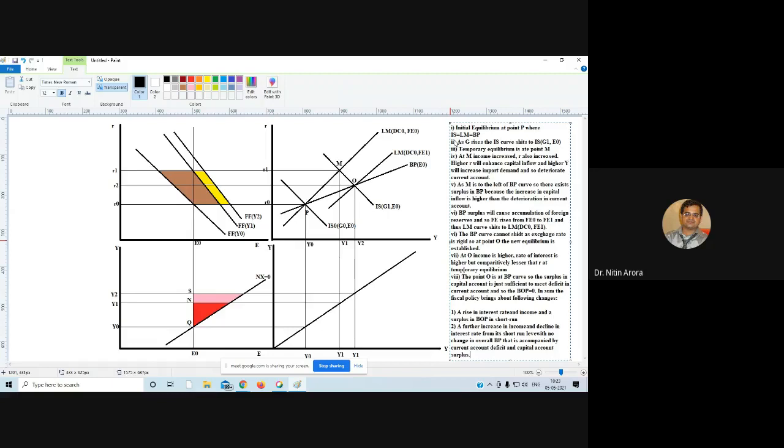Right? These are the major outcomes of the exercise of fiscal policy.